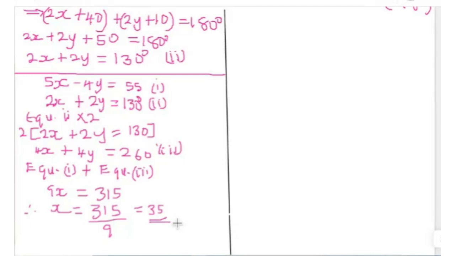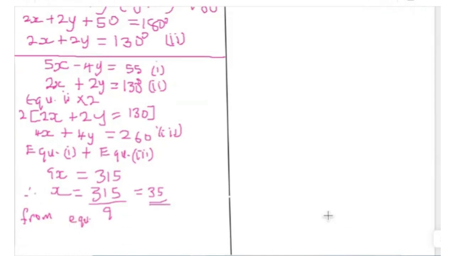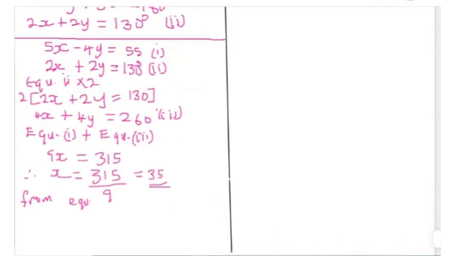Okay, now we know that x is 35 degrees. Let's find the value of y from any of the equations. Using equation 2, from equation 2 we see that 2x plus 2y is equal to 130 degrees.